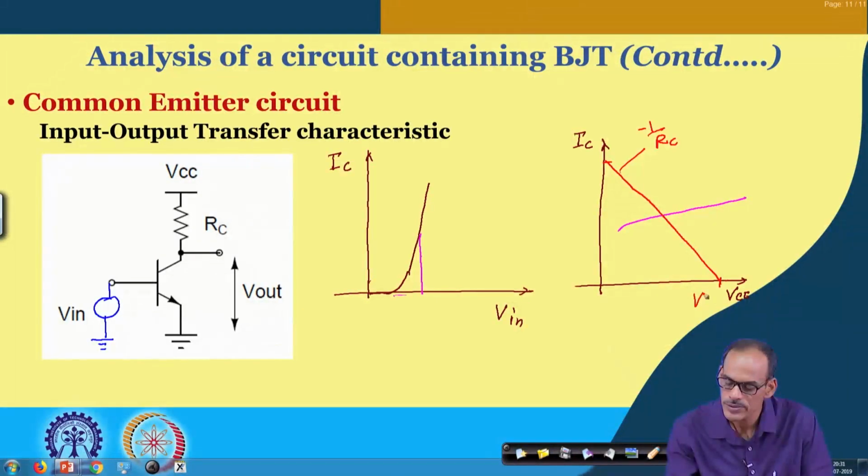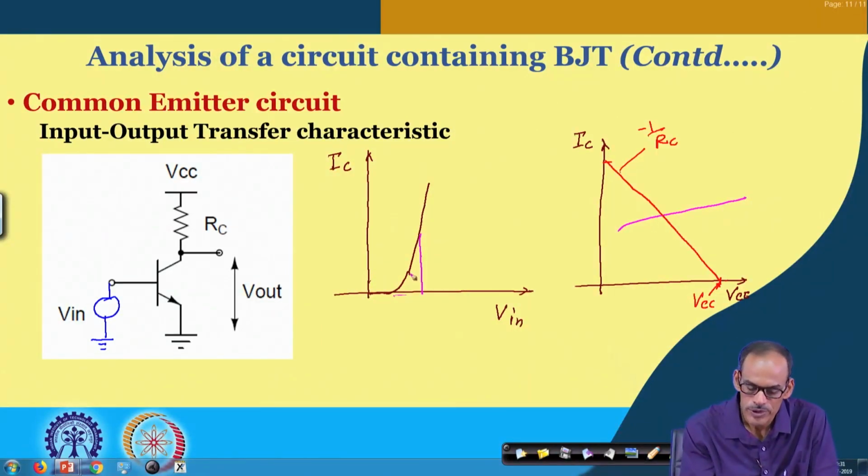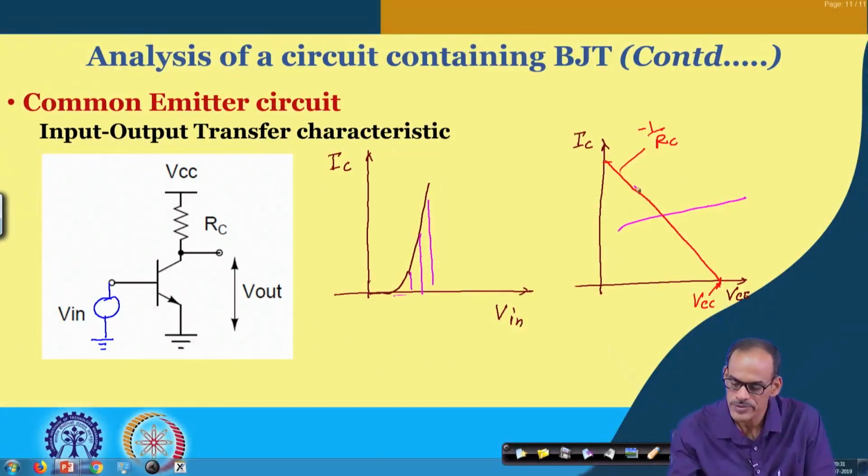This point is Vcc, and so far we are talking about input. If we change over a small range, then the corresponding pull down characteristic also gets shifted up or shifted down.